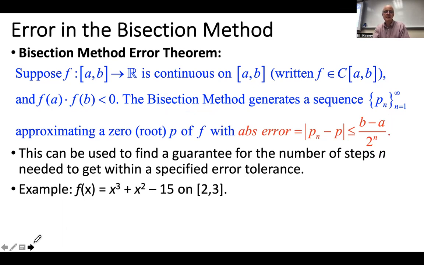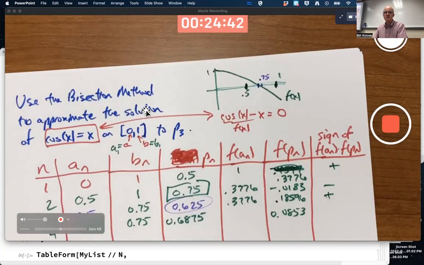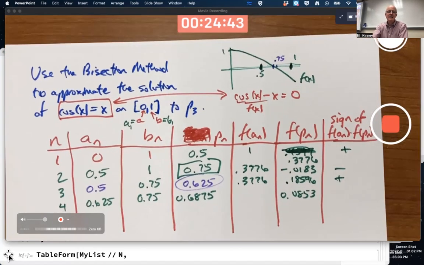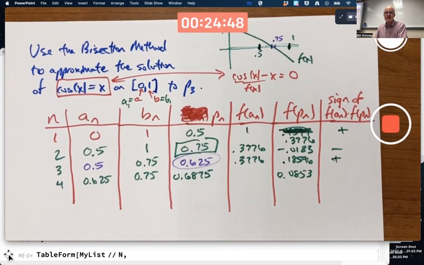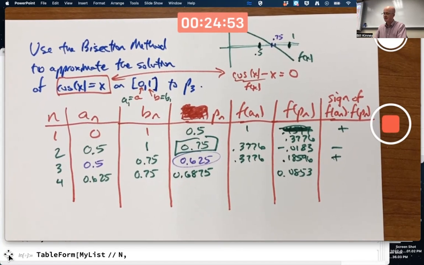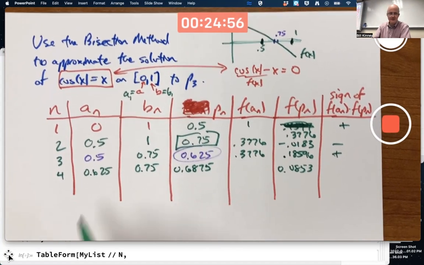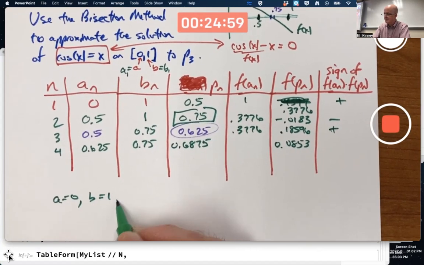I was thinking of doing this example. We could do it with the example we just did, though. With this example, how many steps of the bisection method would you have to do to guarantee that Pn is within a distance of, say, 0.01 of the true value P? Well, A is 0, B is 1.